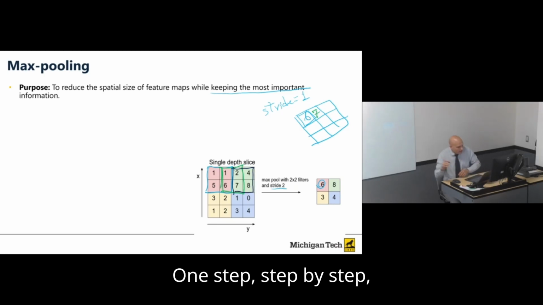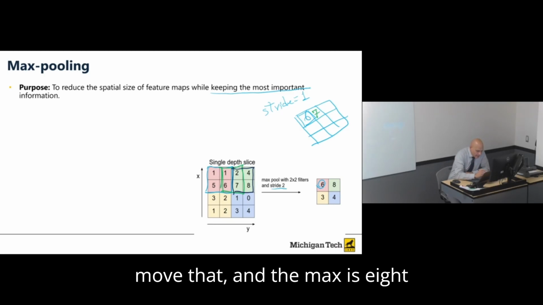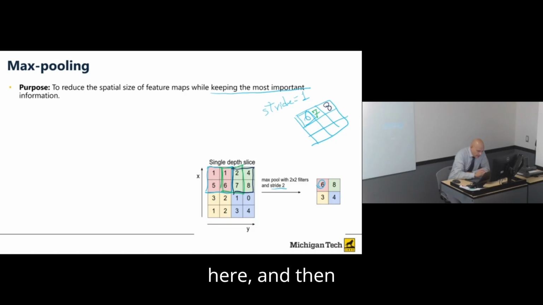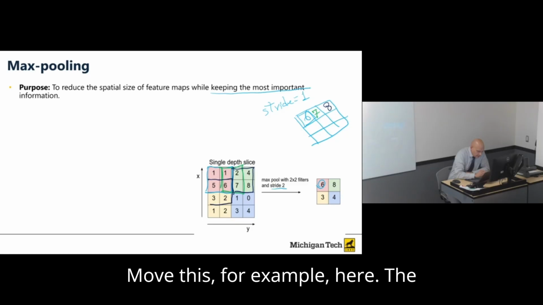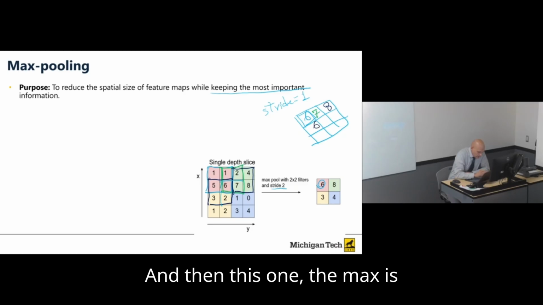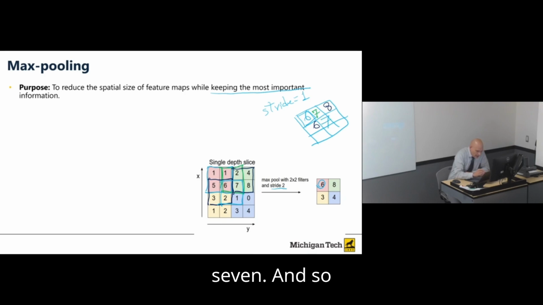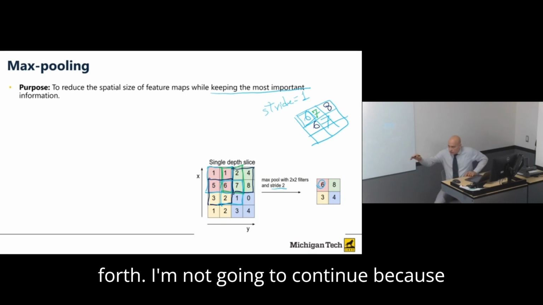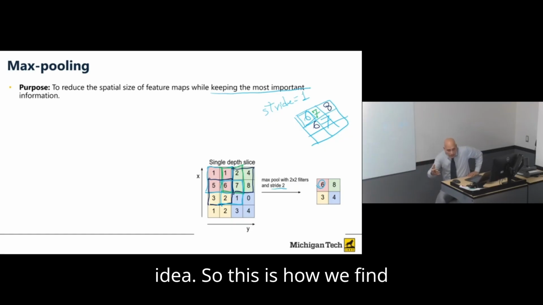So step by step we move, and the max is 8 here, and then we move, for example, here. The max is 6. Then I put in other colors to not mix too much. And then this one, the max is 7, and so forth. I'm not going to continue because it's going to get messy. But you got the idea.